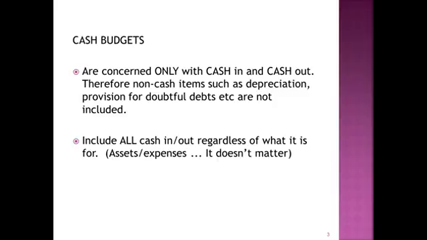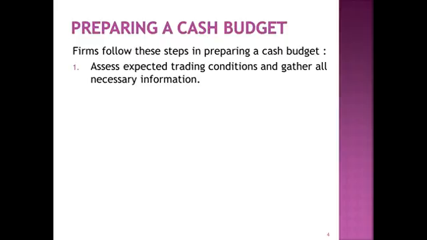It doesn't matter whether we're buying an asset or paying for an expense, it's included if it's cash going out. And we include all sources of cash coming in, so sales, interest received, rent received, etc. It doesn't matter where the cash is coming from, we include it in the cash budget. So we're looking for all estimated cash in and all estimated cash out.